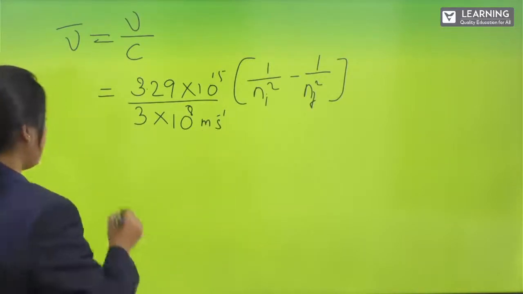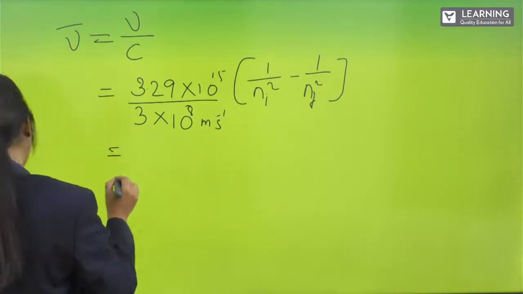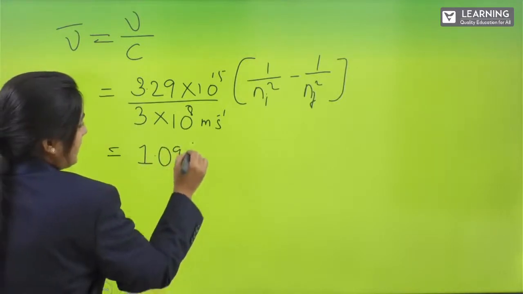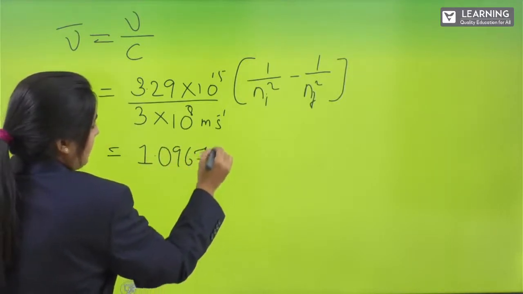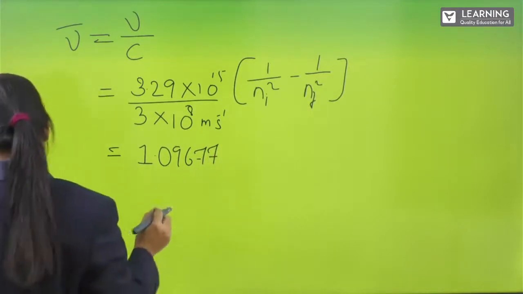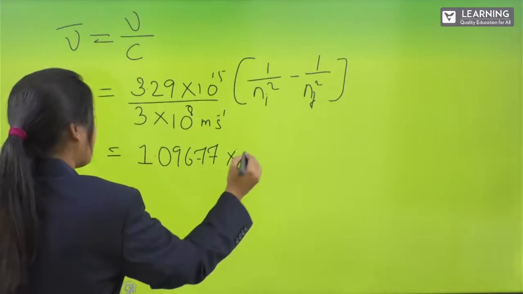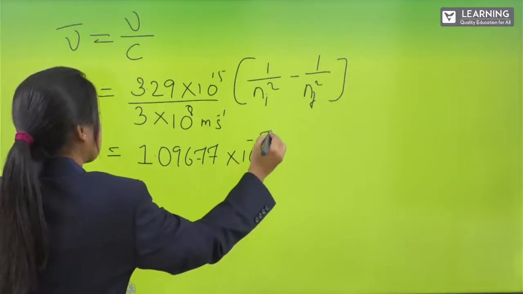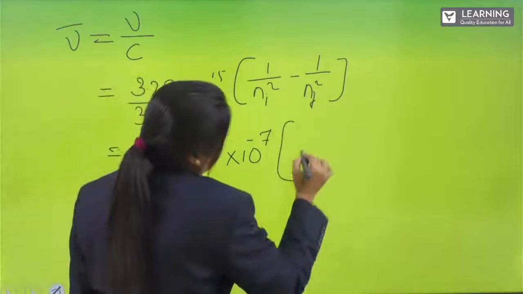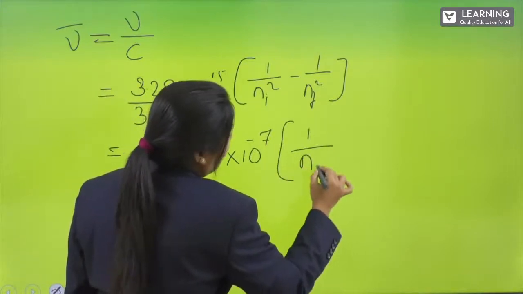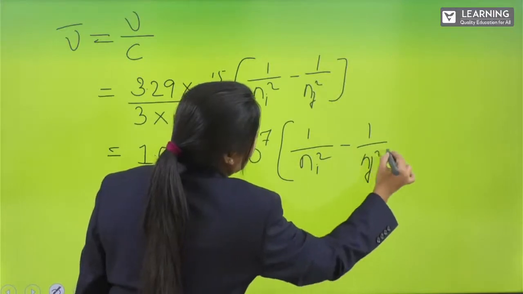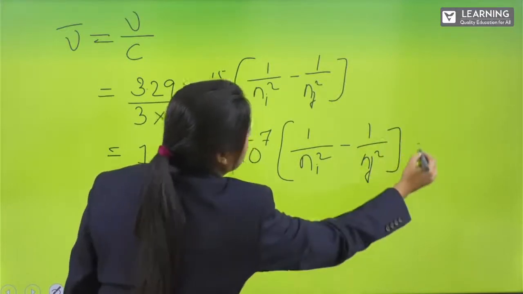So on calculation of this, you will get around 1.09677 as a number. With this, we'll be having into 10 raised to minus 7. Are you getting this? That into 1 by Ni square minus 1 by Nf square meters.